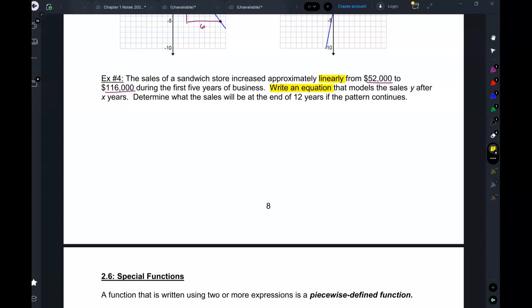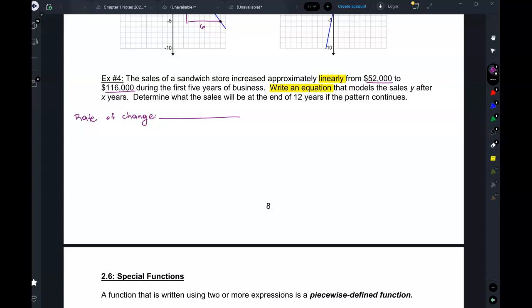Since it's during the first 5 years, let's find the rate of change first. It went from 52,000 to 116,000. But now, take a look at this.